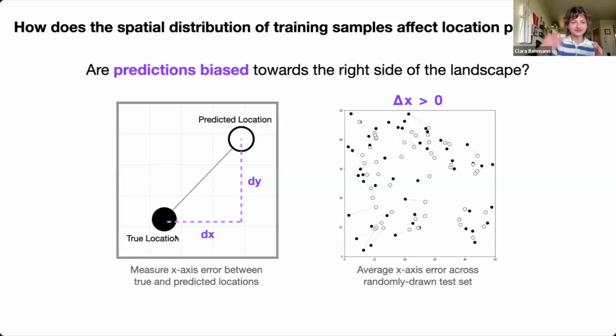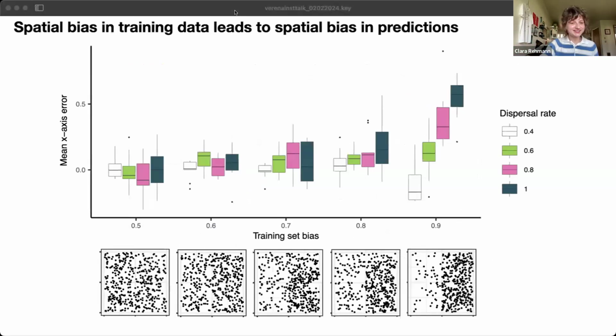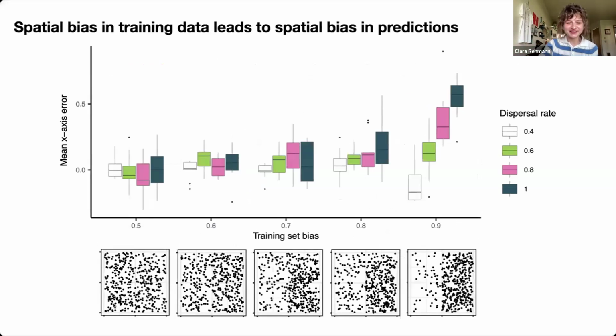To do this, I dissected prediction errors into both x-axis and y-axis prediction errors. The idea is that if predictions tend to be biased towards the right side of the landscape, then the x-axis error will tend to be greater than 0. And indeed, that is what you observe, unsurprisingly.